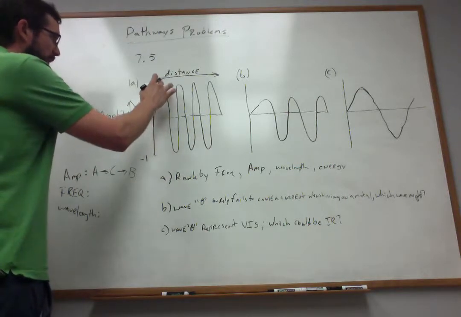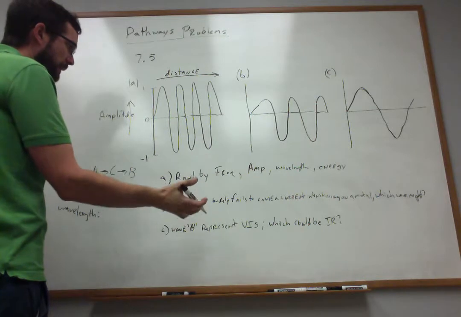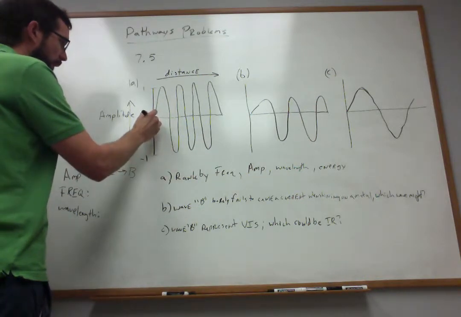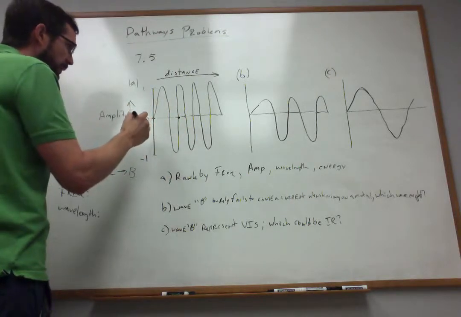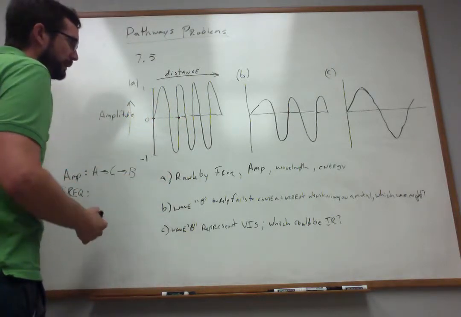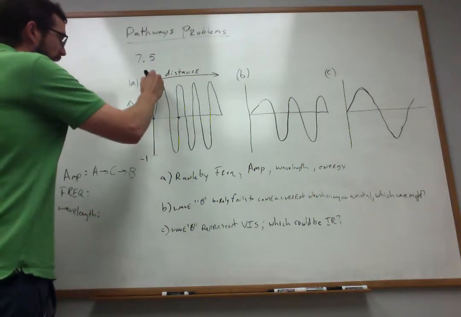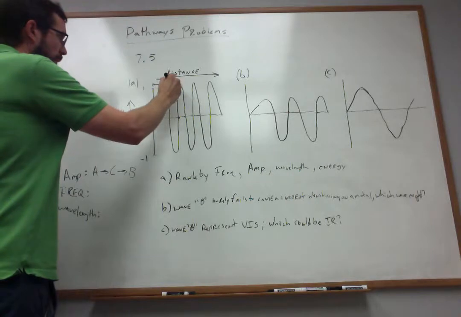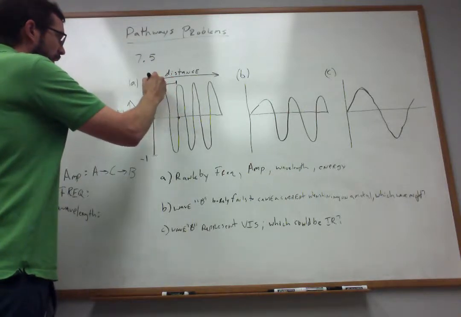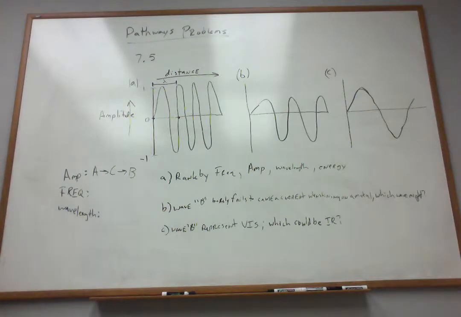You can track that from the top to the next top, from the bottom to the next bottom, or from the midpoint through one oscillation to the next midpoint, but you have to make one complete wave cycle through a maximum and minimum. That distance is the wavelength.